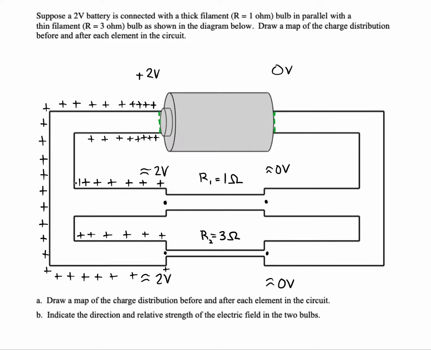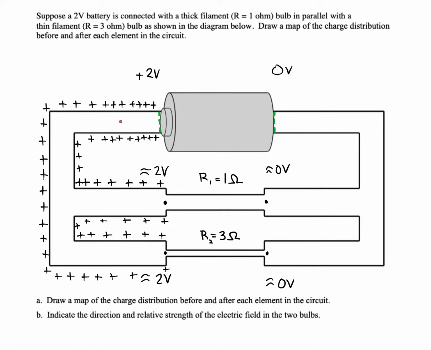We have to create that push that pushes the charges through the circuit. So I'm trying to spread them out a little bit more than they are up here. Okay, so that's one way to do it.